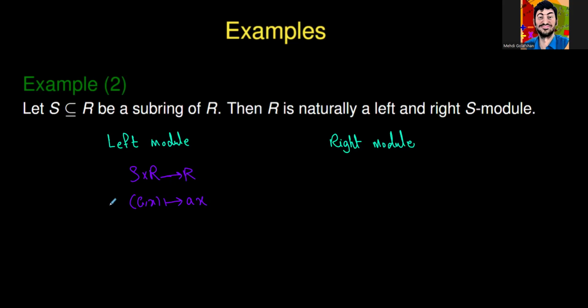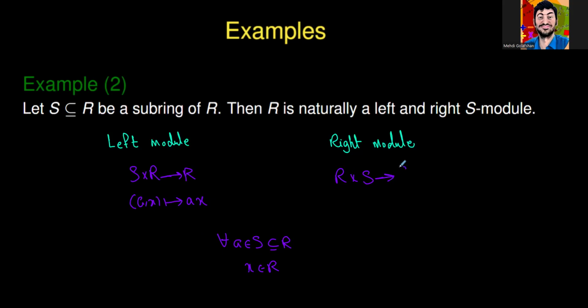So we consider that for all a in S, and you know S is a subring of R, so that's why it's the same multiplication in R here. And x is in R. For the right module it would be similar, but the multiplication is from the right hand side.